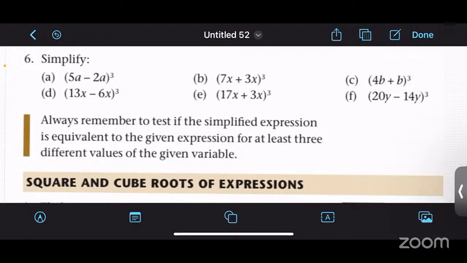Ma'am, first thing you write is 5 to the power of 3 in its own bracket, and then a to the power of 3 in its own bracket, minus 2 to the power of 3 in its own bracket, and a to the power of 3 in its own bracket. Adding them together will equal, please give me a moment.